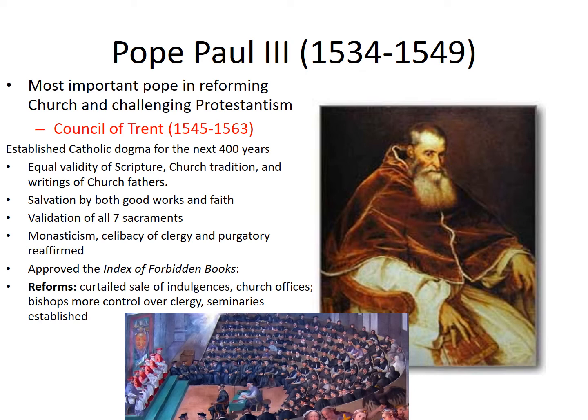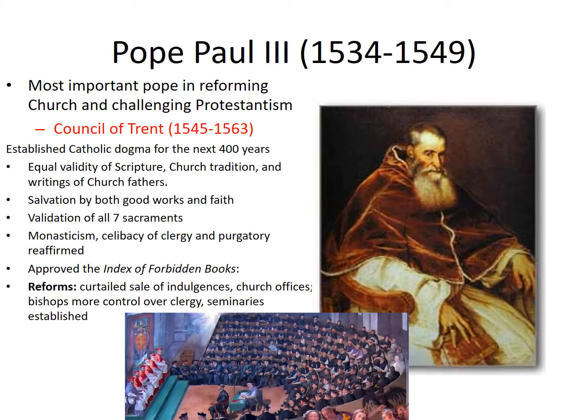They also emphasized monasticism, the importance of monks, the importance of celibacy of the clergy, and they reaffirmed that purgatory was an actually true thing. They approved the Index of Forbidden Books, or Index of Prohibited Books, as it's sometimes called. Things that were seen as heretical were put on this list.